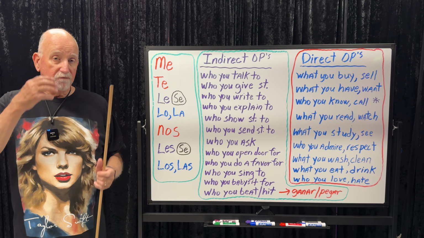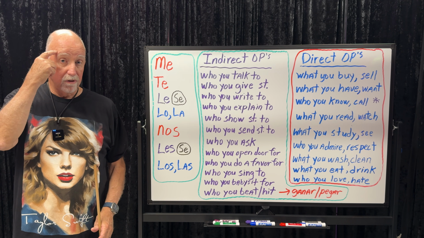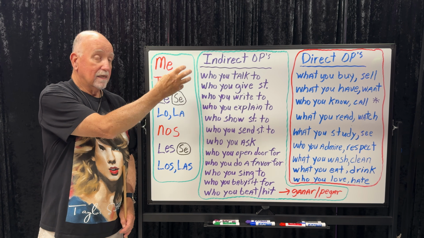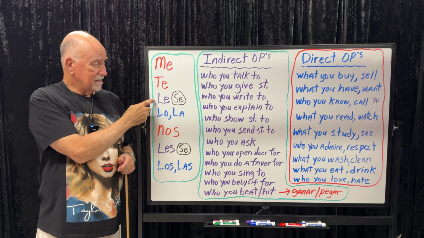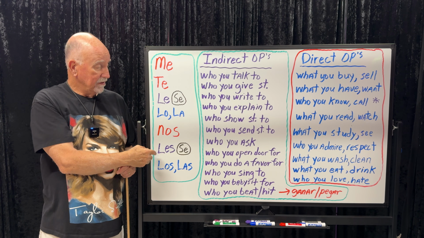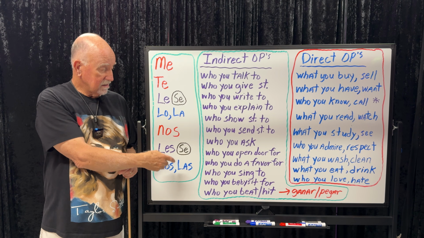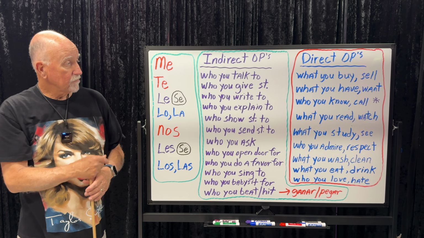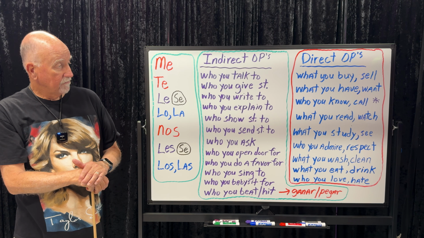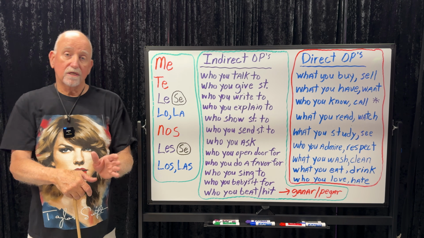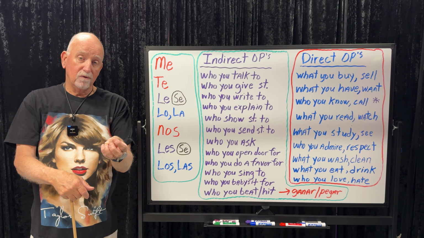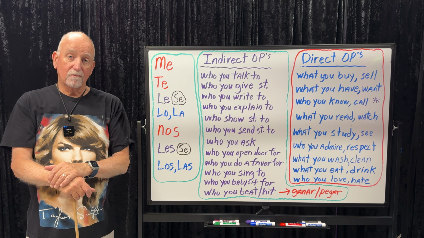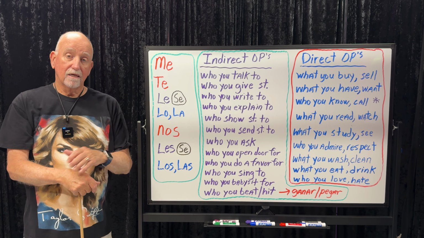But now, hopefully, you're starting to put in that language learning module the difference between an indirect and a direct. You can generalize and say, well, le and les refer to people, and lo and la and los and las can refer to people or objects. Okay? Let's see what else. If you can answer the question to whom, for whom, on whom, or at whom with the verb, that's your indirect object. If you replace it with a pronoun, it's going to be le or les.